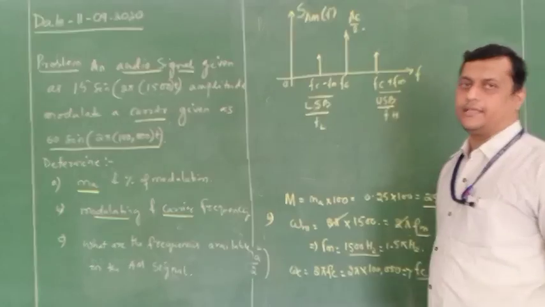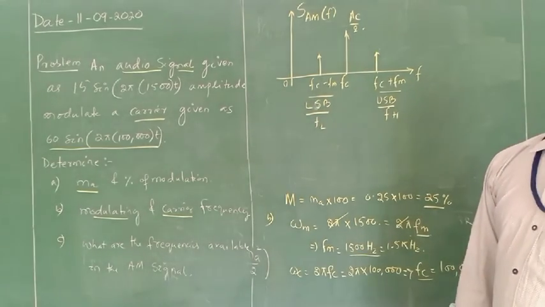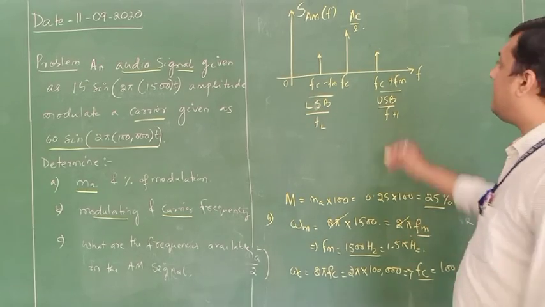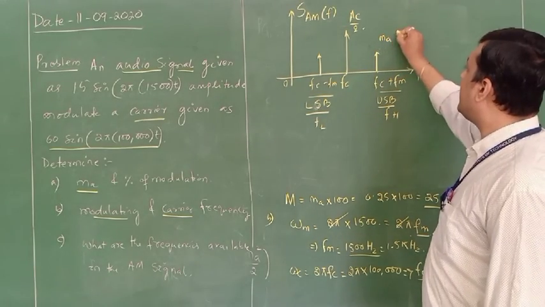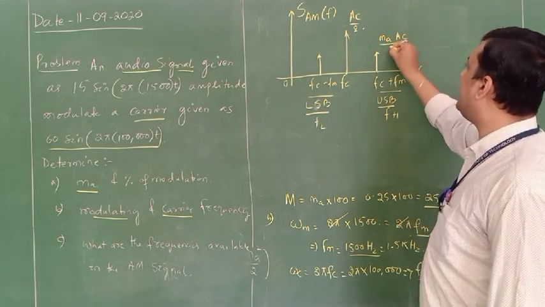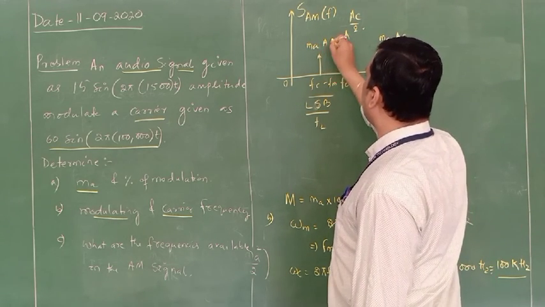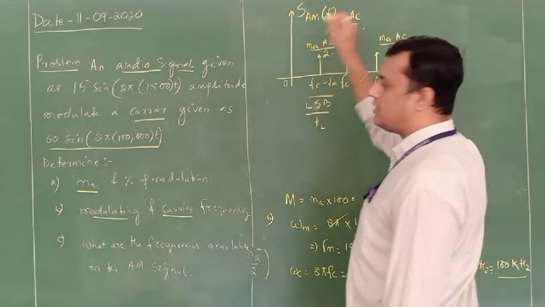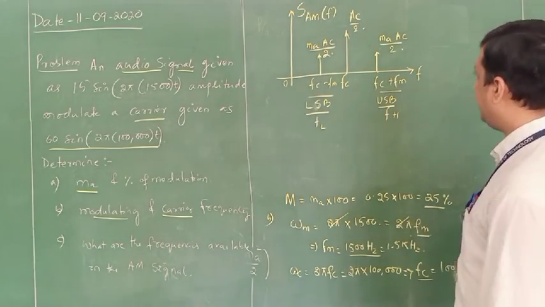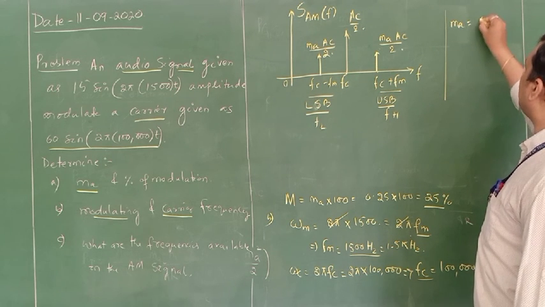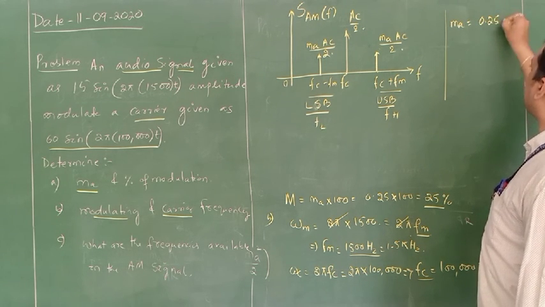Amplitude available here is Vm by 2, or you can say it is also called Ma into Ac divided by 2. Now as we have identified, Ma is equal to 0.25, we have found out.